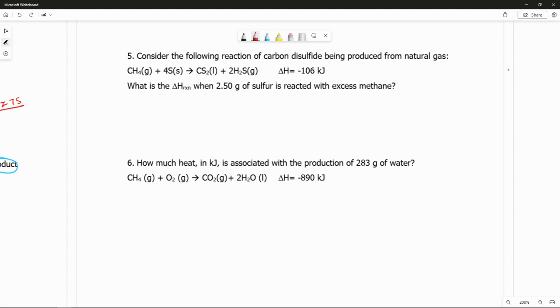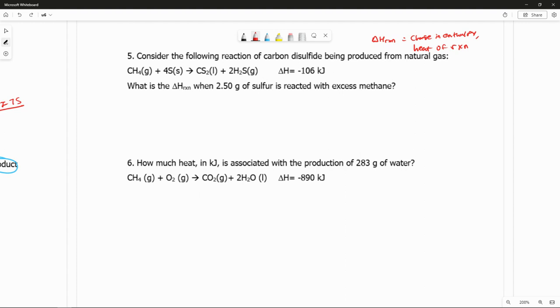So let's write that somewhere else. Delta H RXN equals change in enthalpy, or the heat of reaction. And RXN is an abbreviation for reaction.